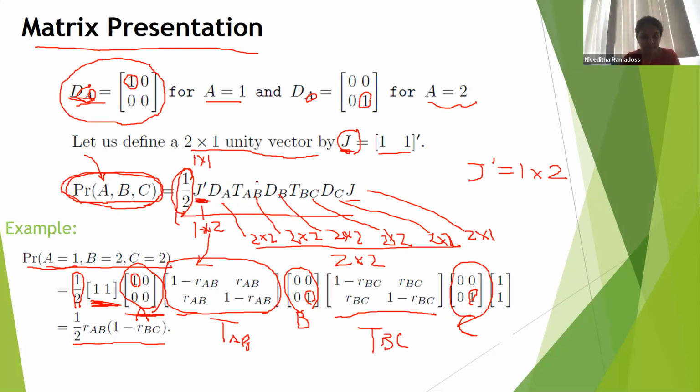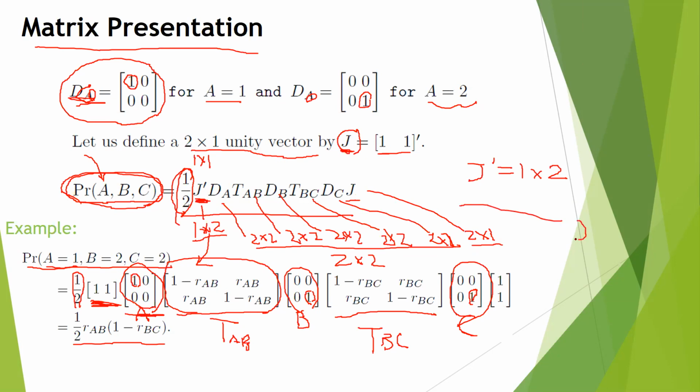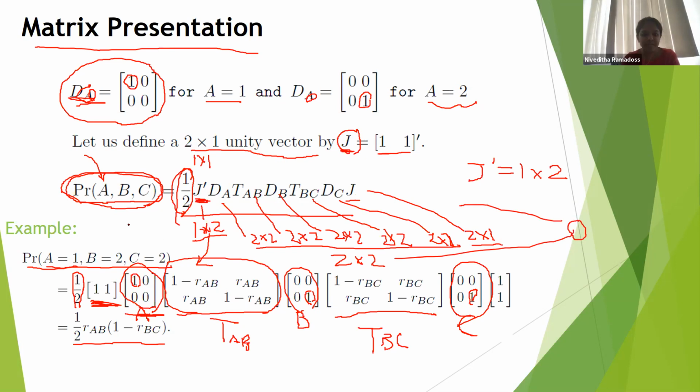The unity vector will not change your calculation because the entries are 1, but it can help us change the dimension of the calculation. So by using J prime here and putting J at last, you can transform the matrix into a single scalar value. Okay, got it. Thank you.